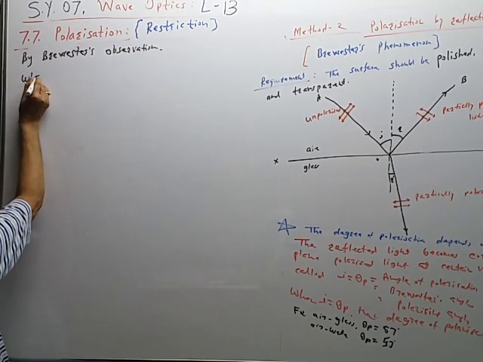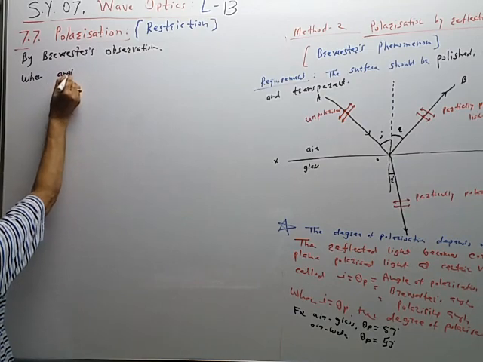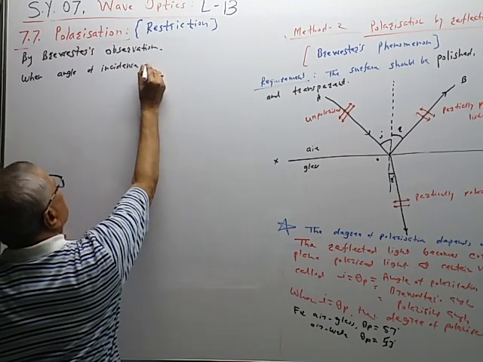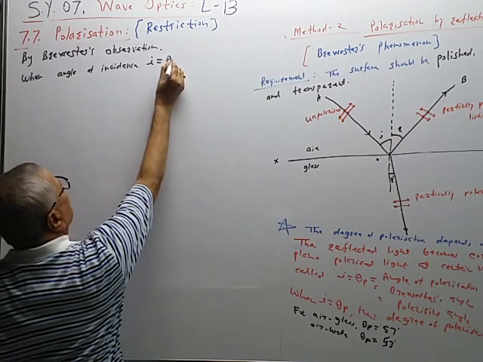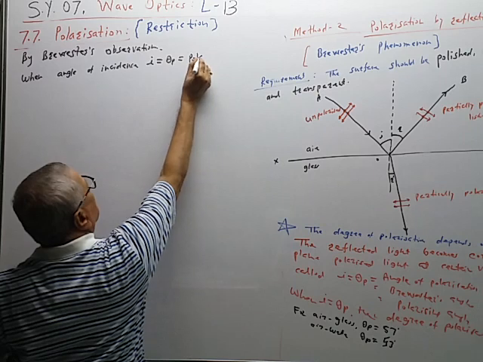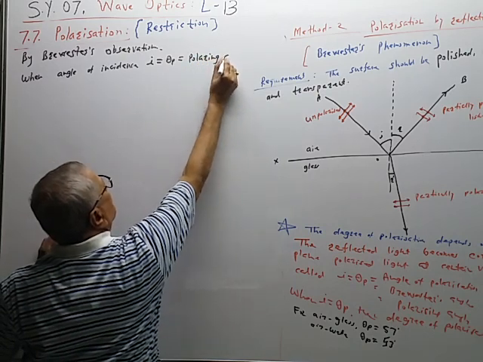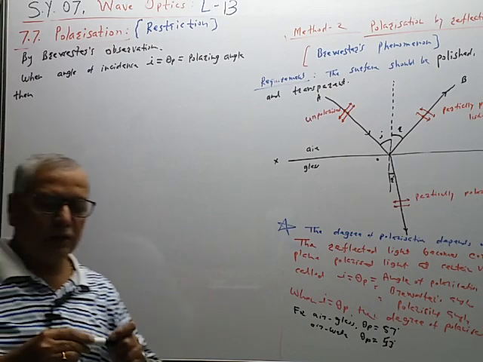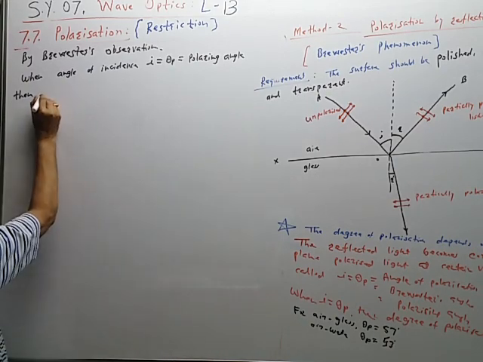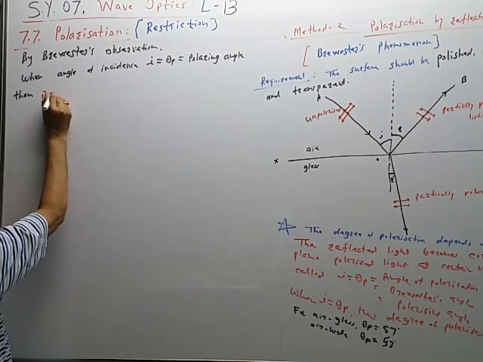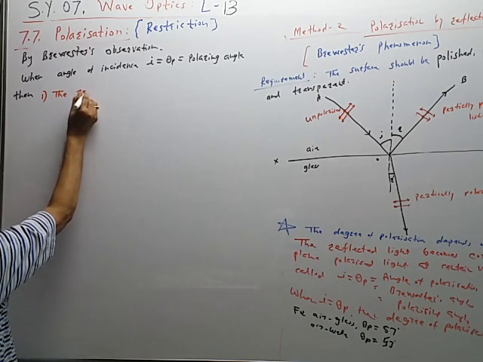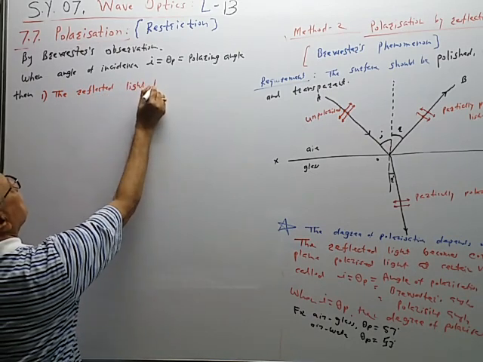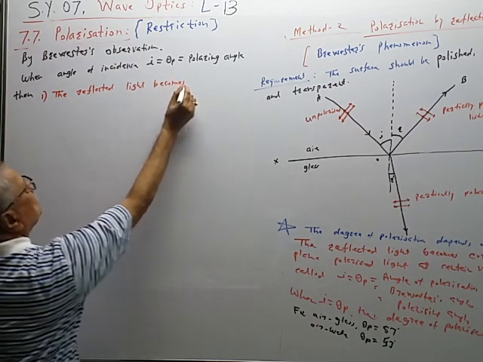By Brewster's observation, when angle of incidence I is equal to theta p, the polarizing angle, first the reflected light becomes plane polarized light.